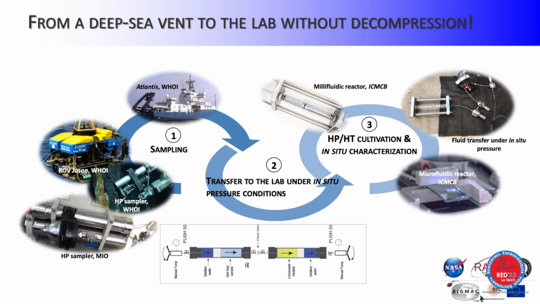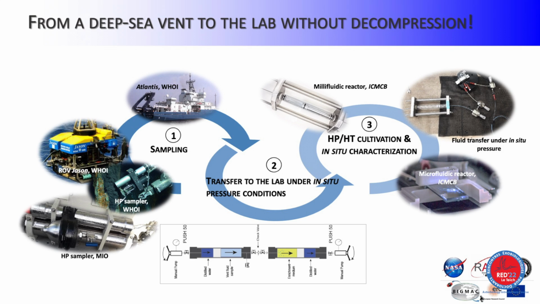But the challenge here is to be able to grow them and characterize them without any decompression. So in the lab, we developed different tools to transfer the deep sea samples in specific high pressure tubing, where you can see through them and characterize them with spectroscopic techniques without any decompression.